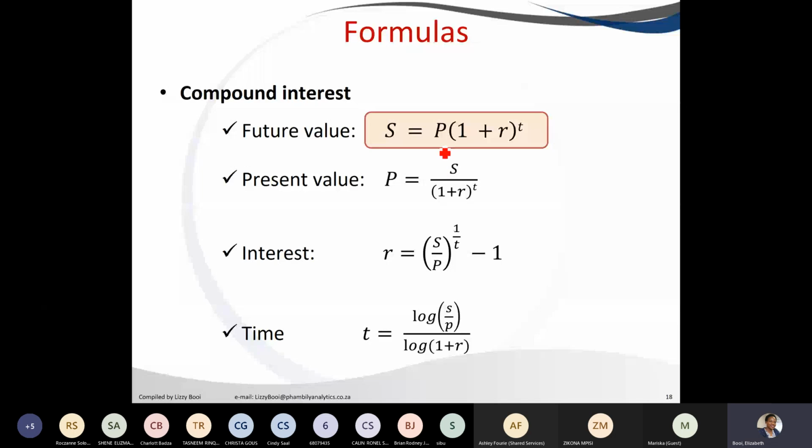And when it's in the power, you will need to know how to use your logarithm because you need to bring T down. The law of logarithms says that if I take the log of a value that is raised to a power, I multiply by the power, so it will be T times the log of the value that I am working with.